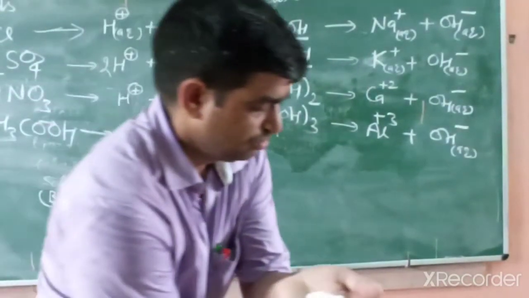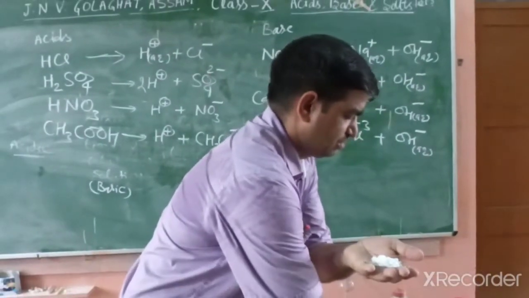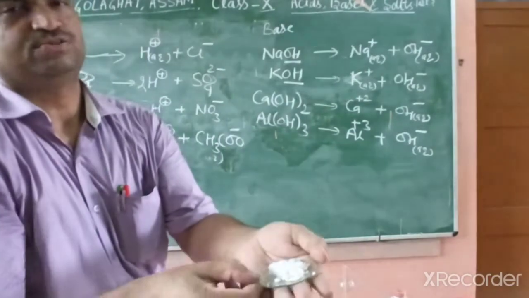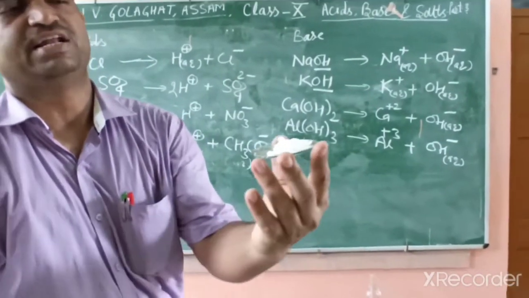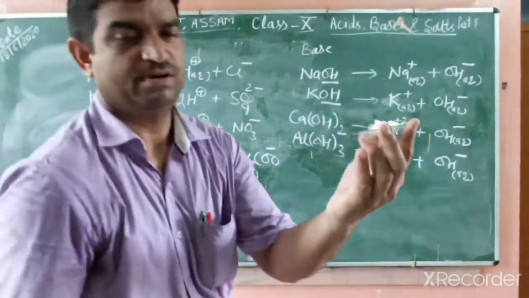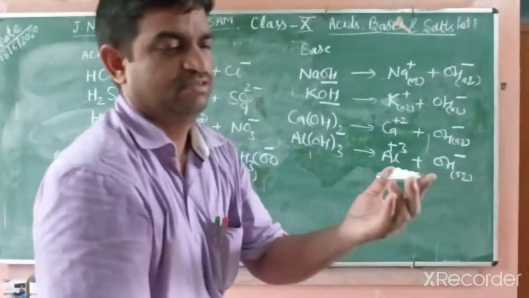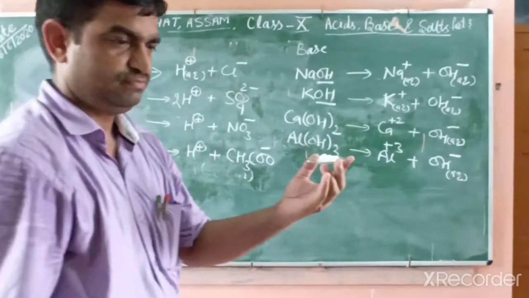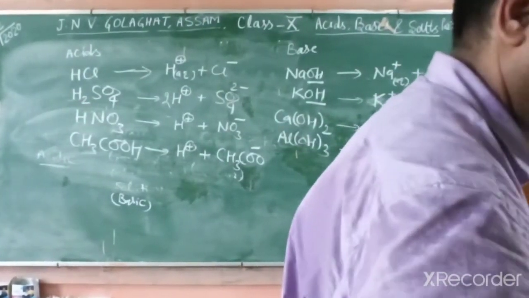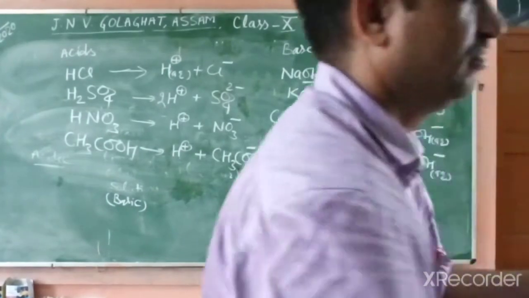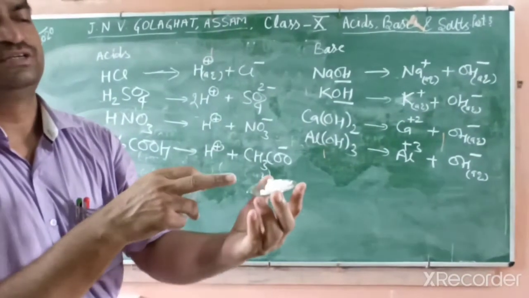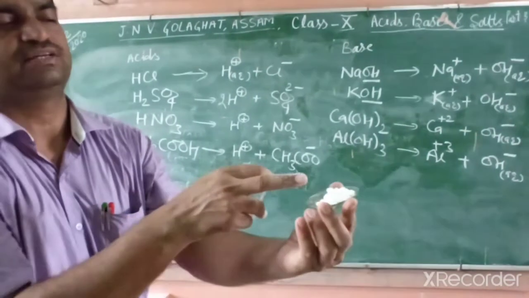These are sodium hydroxide flakes, waxy like flakes. And when we dissolve this sodium hydroxide in a beaker, they are hygroscopic. These flakes are hygroscopic, meaning they absorb moisture like this.